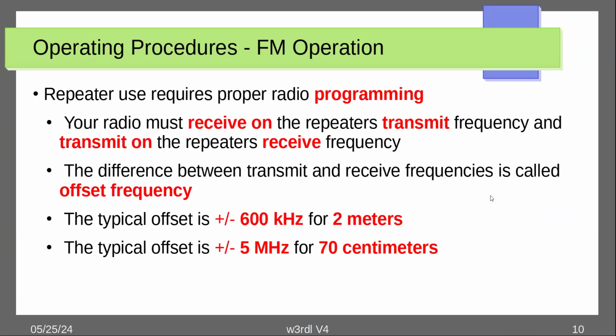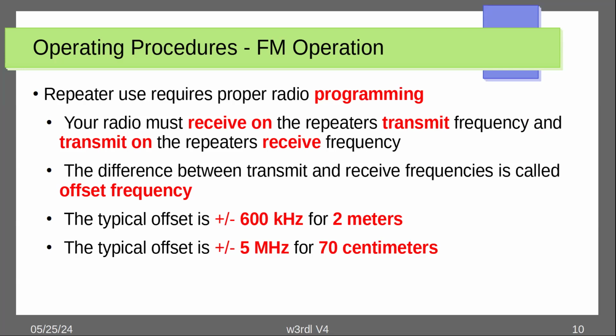In order to use a repeater, you have to program your radio with the receive and transmit frequencies, or in a lot of cases, you put in the offset. It depends on the radio how you program it. Like we were just talking about earlier on your Baofeng, you put the transmit and receive frequencies, whereas on my ICOM, I put the offset.